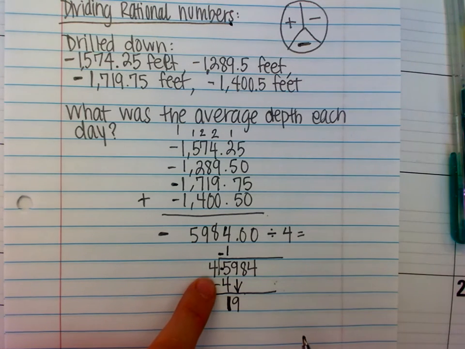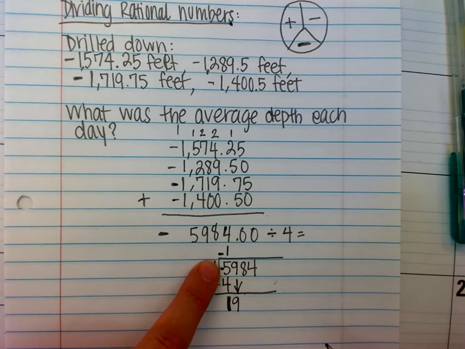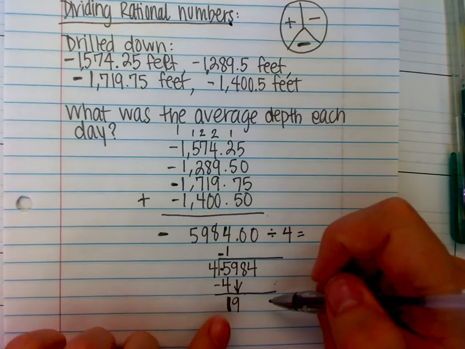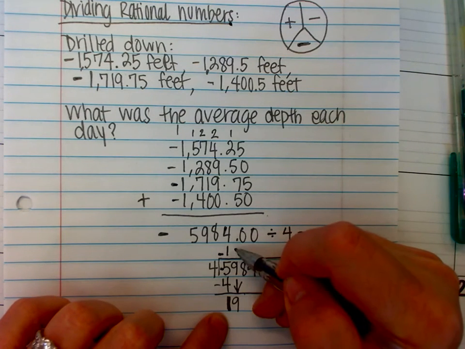For the time being, don't worry about the negative sign underneath the division sign. Just divide as you would if they were both positive numbers.